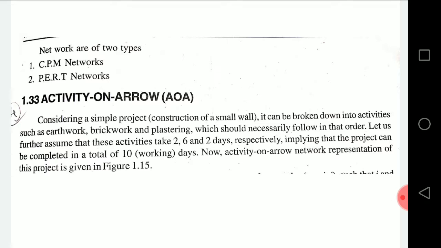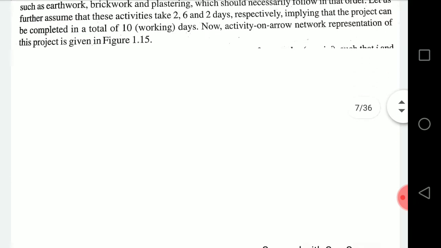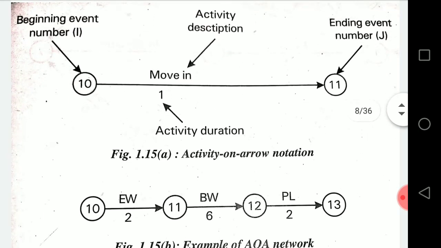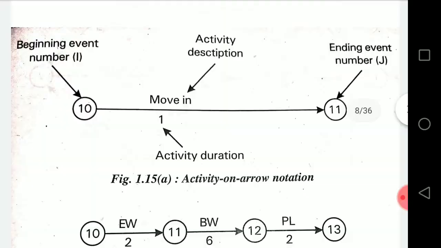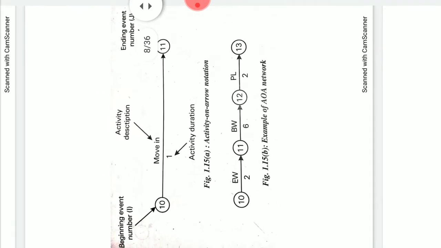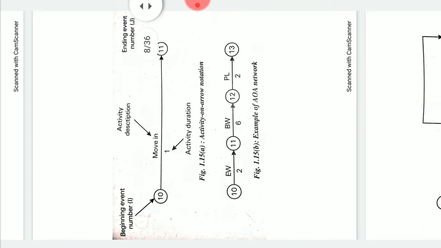Now, the activity on arrow network representation of this project is given in the particular figure 1.15. Here you can observe, just observe this figure.